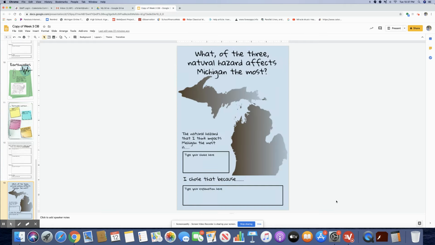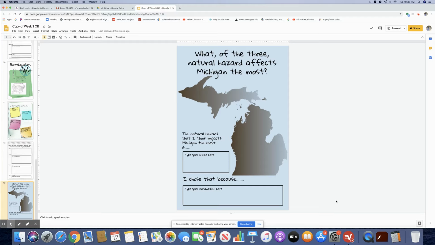Okay, finally, of all those three natural hazards, which one affects Michigan the most? This is common sense, guys. So they're talking about which one of the three. Is it earthquakes? Is it hurricanes? Right? Or is it tornadoes? Well, okay, you have to look at the information.